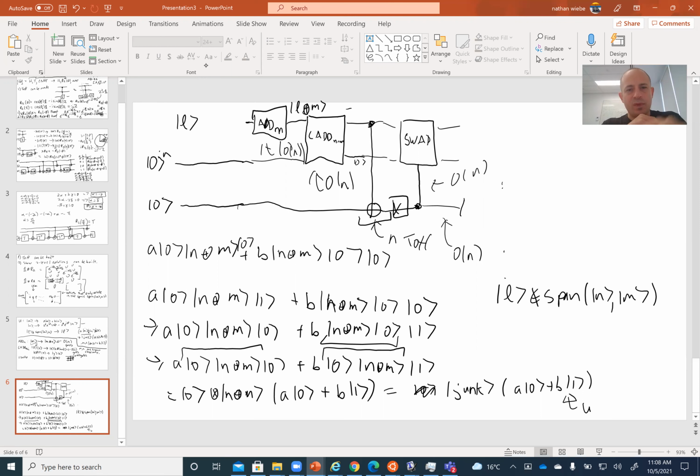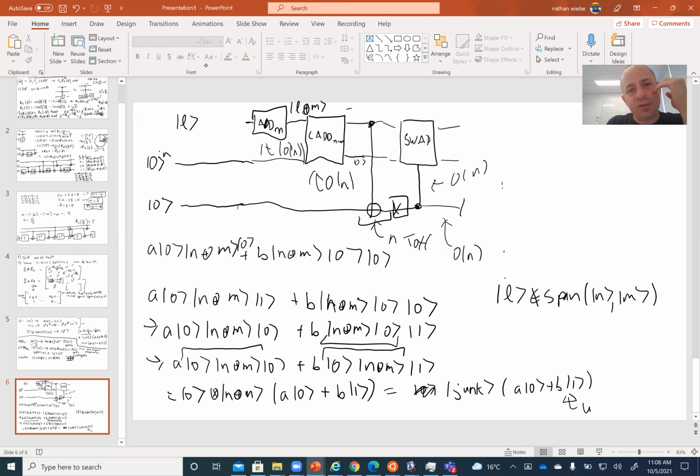And so now we can take a look at this result and infer whether or not this value is going to be 0. So we want this to be controlled add n m down here. So we want to be able to tell whether or not L exclusive or M is equal to 0 or n.